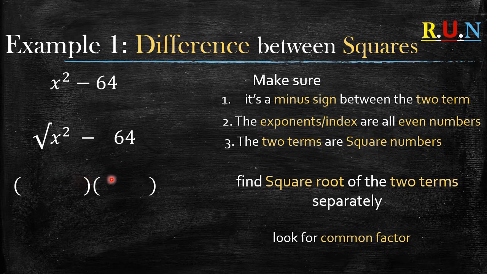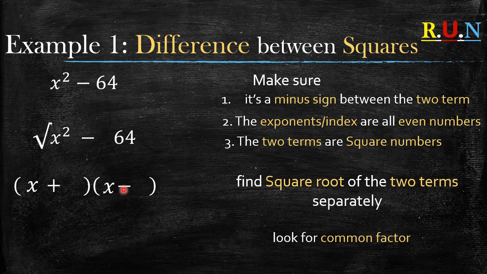The square root of x squared is x. We write one x in the first bracket and the other x in the second bracket. Don't forget that in one bracket we write a positive sign and in the other bracket we write a negative sign.